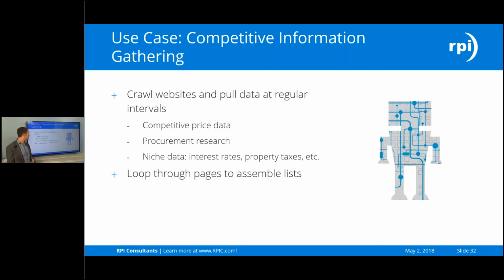So the idea of gathering information from websites is fairly straightforward and can be used for a variety of use cases. One might be that I want to purchase equipment, and every time I do, I want to check 8 different websites.